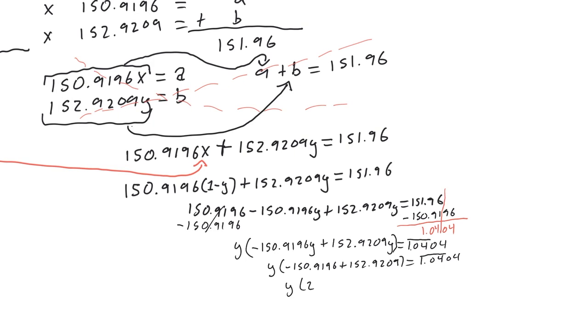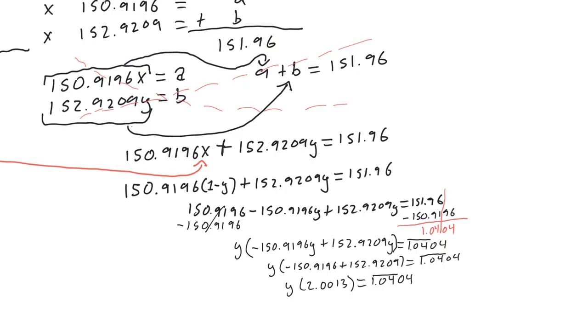I didn't do it vertically. 1, 2, 3, 4 there. 1, 2, 3, 4. So I'll have 4 after the decimal. 2.0013 equals 1.0404.